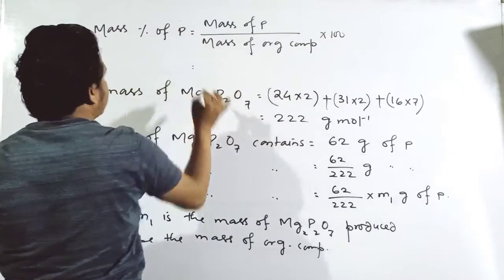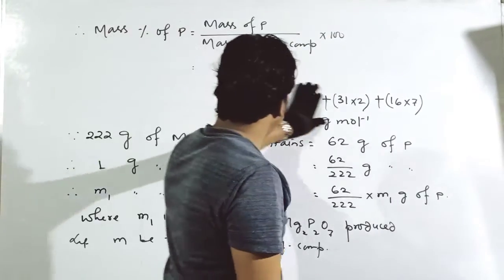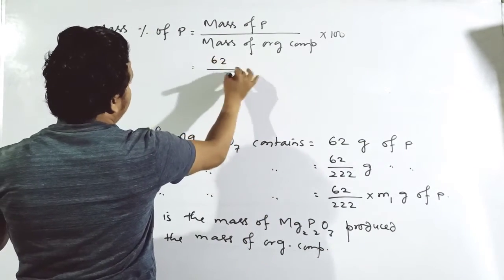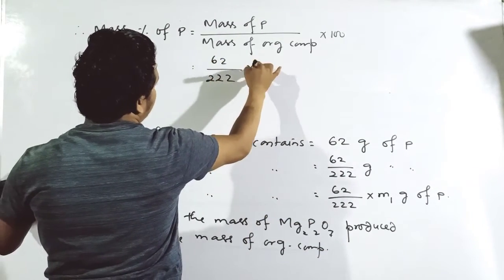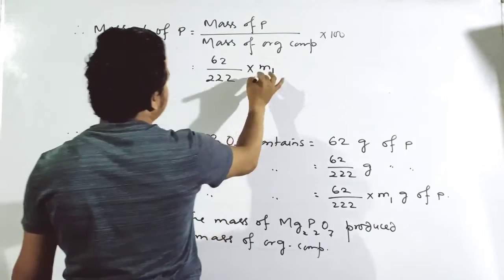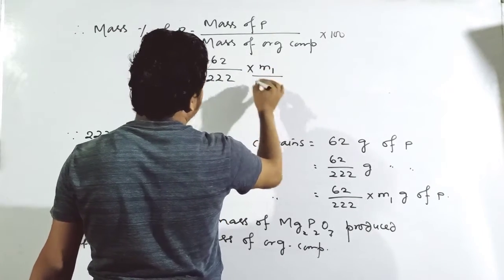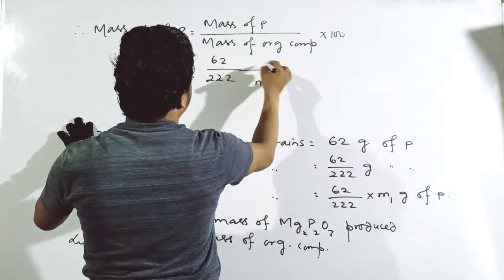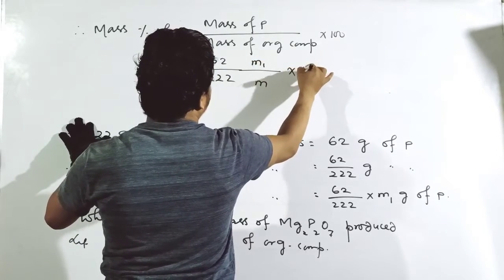The mass of phosphorus is 62 by 222 into M1, and the mass of organic compound is M, so it is 62 by 222 into M1 divided by M into 100.